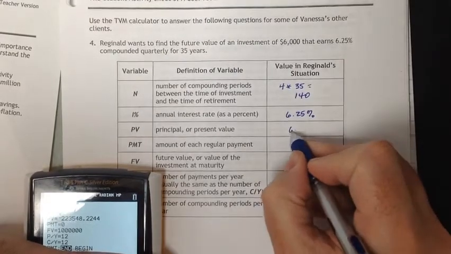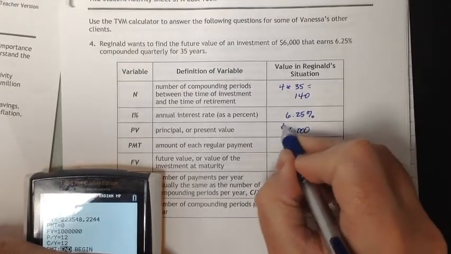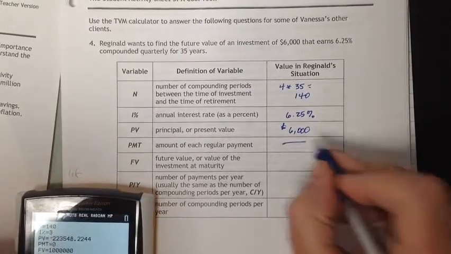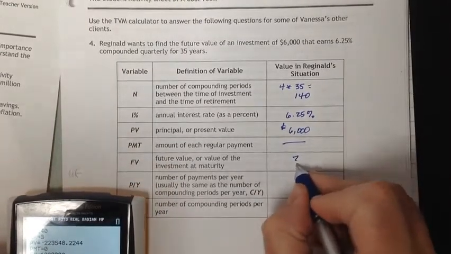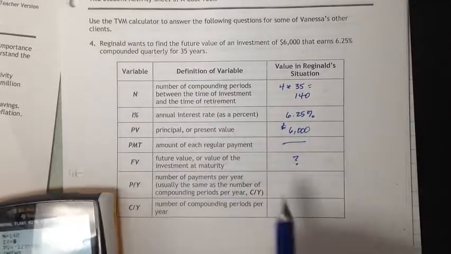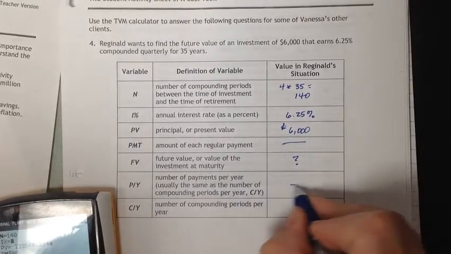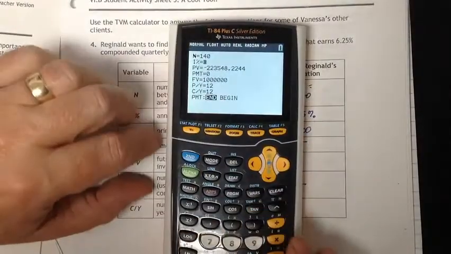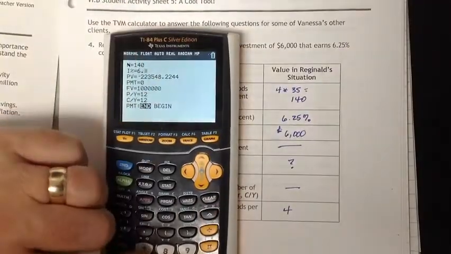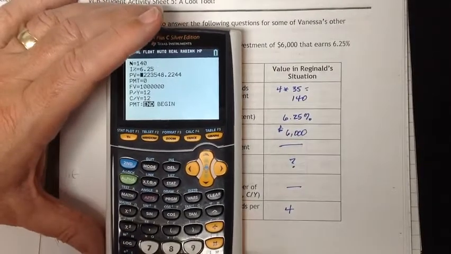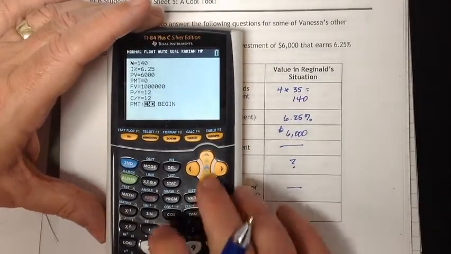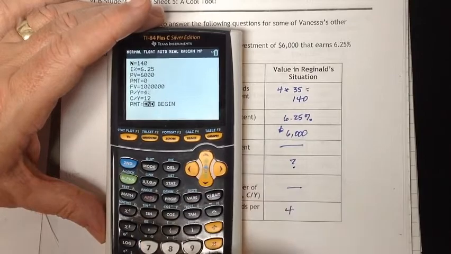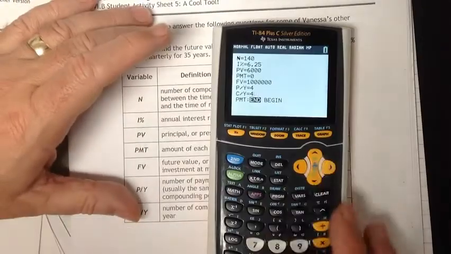The present value is worth $6,000 right now. No payments. The future value is what we're looking for. We have 4 compounding periods per year. So we're going to have 6.25%, 6,000 here, and I'm going to put 4 on PY and CY here.